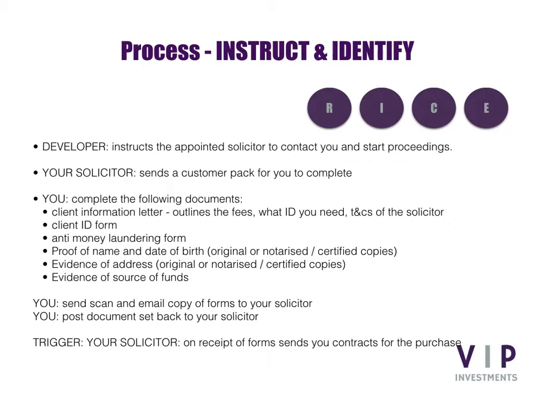Lastly, you'll need to have proof of the source of funds, so a bank statement proving that you have those next tranche of payments, your deposit funds, in your account. Complete those documents, scan and email a copy of them back to your solicitor, and then post the originals back to your solicitor. On receipt of those forms, that triggers your solicitor to the next step.